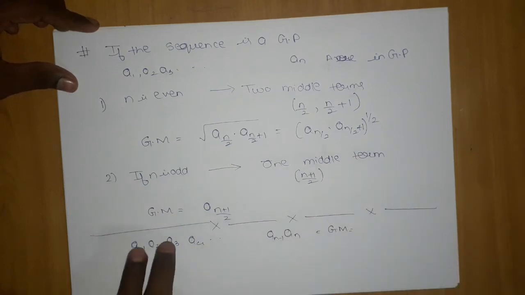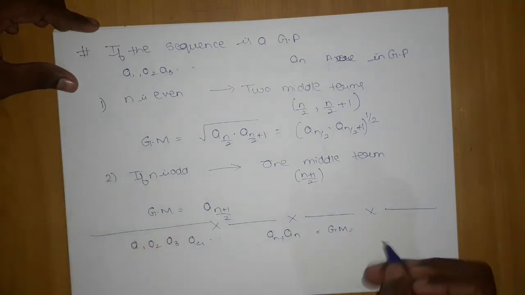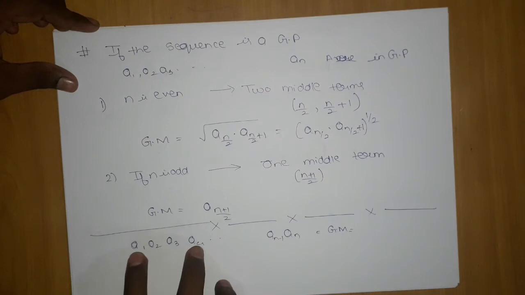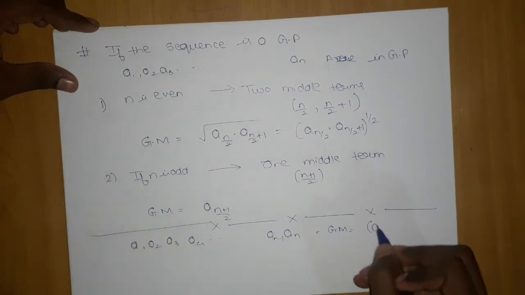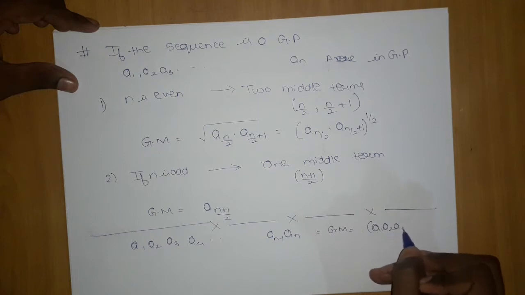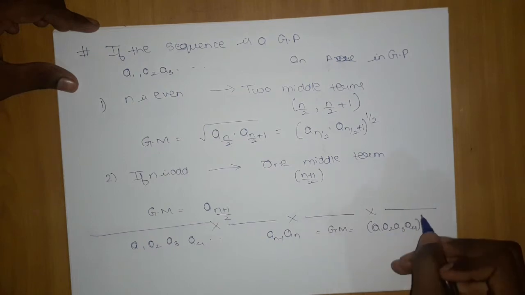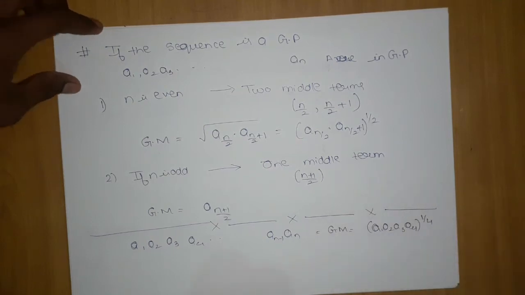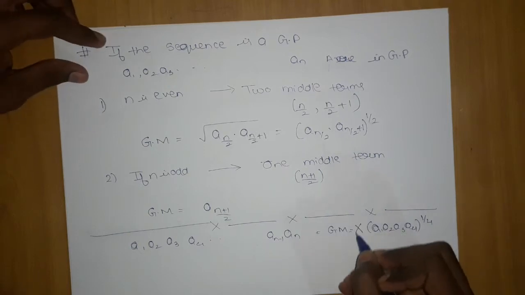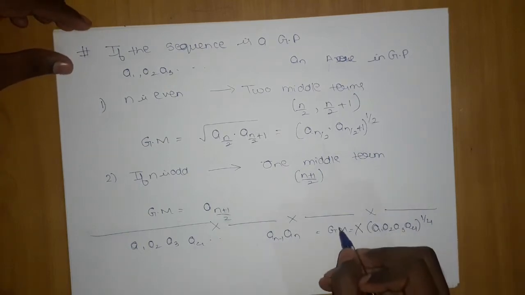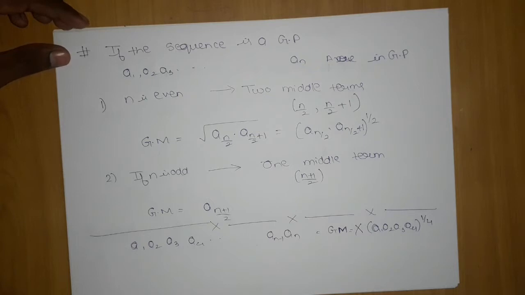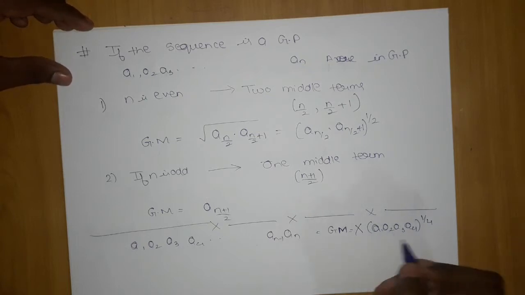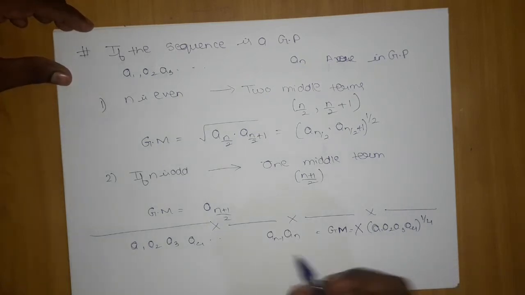The terms should be pairs whose subscripts sum to n plus 1. I cannot just take A1, A2, A3, A4 alone. This is not a GM, because any two terms' subscripts should give you n plus 1, as it was in AP.